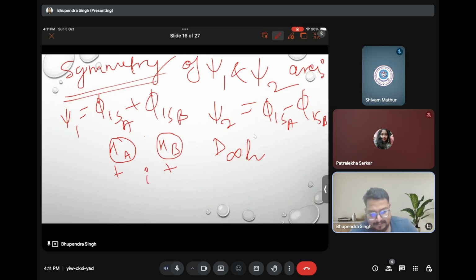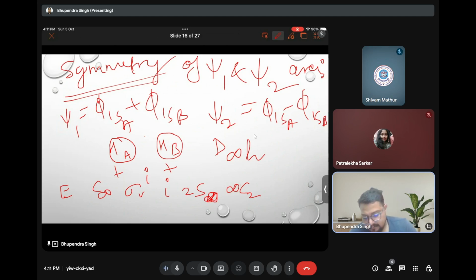For D infinity h, the symmetry elements of this point group are E, C infinity, sigma v, i, and infinite C2.